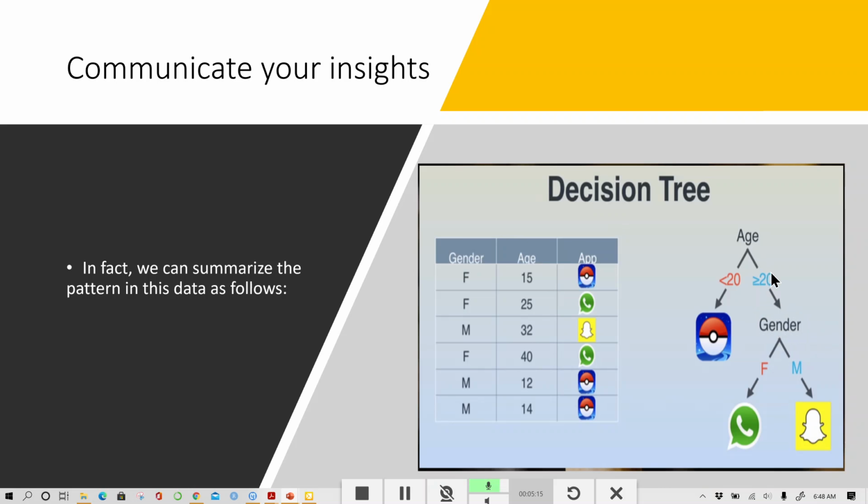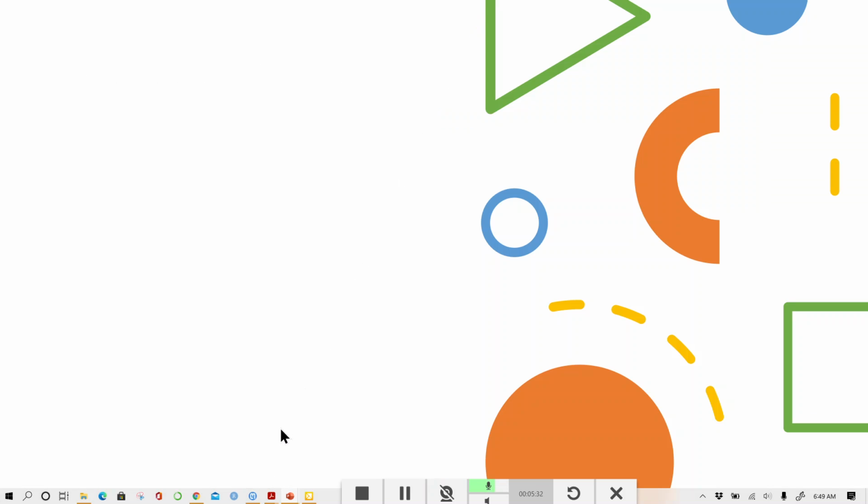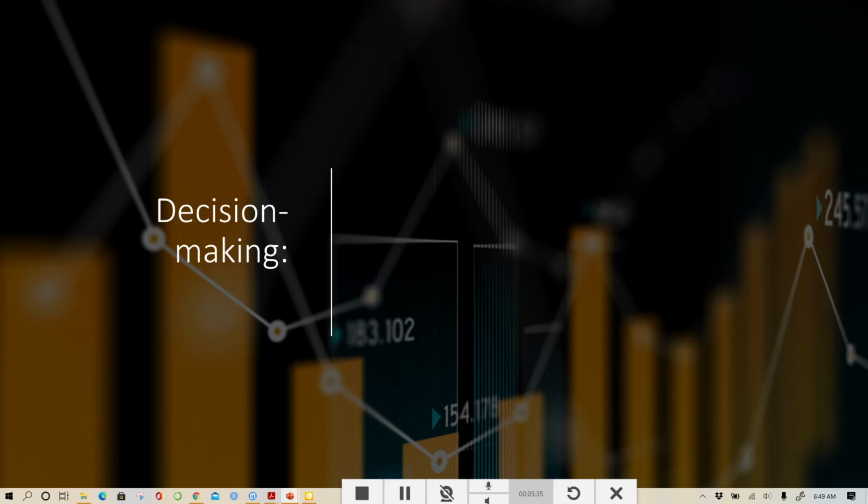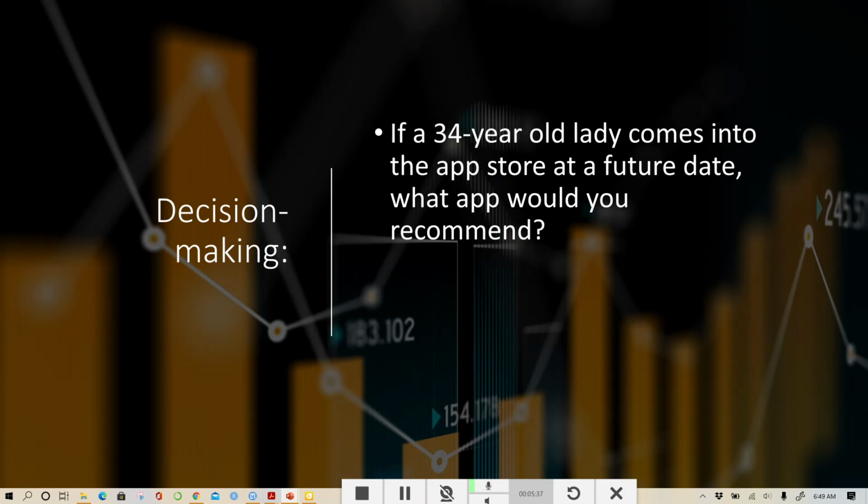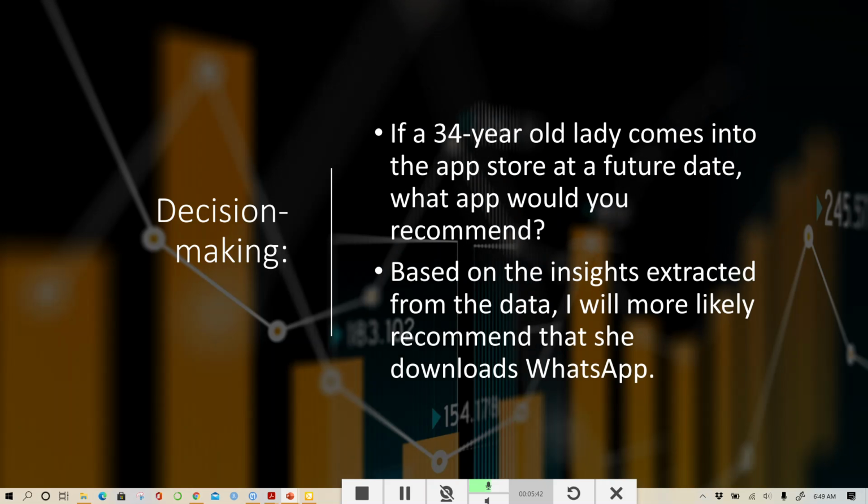If the customer is older than 20 years old and also female, we'll recommend WhatsApp. Otherwise, we'll recommend Snapchat. So based on this decision tree, which summarizes the insights in this data set, we can say that if a 34-year-old female lady comes into the App Store at a future date, the app we would recommend is WhatsApp. So that was that about a decision tree for a classification problem.